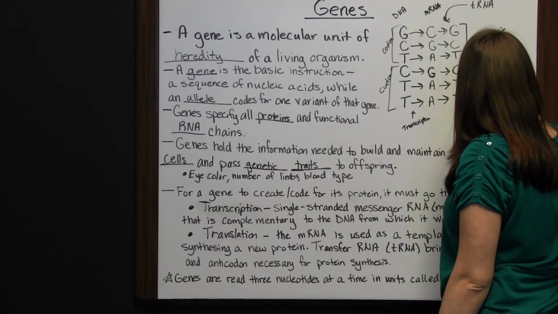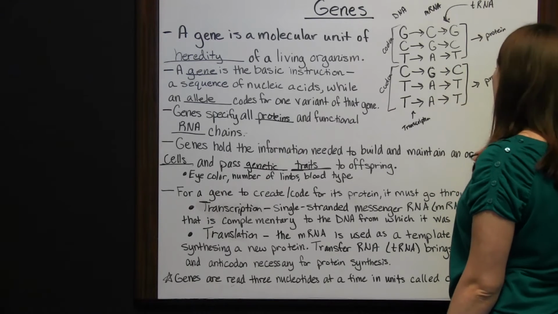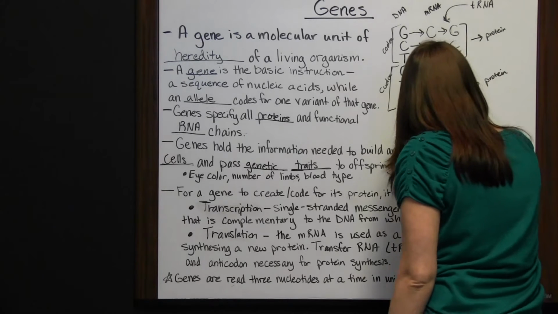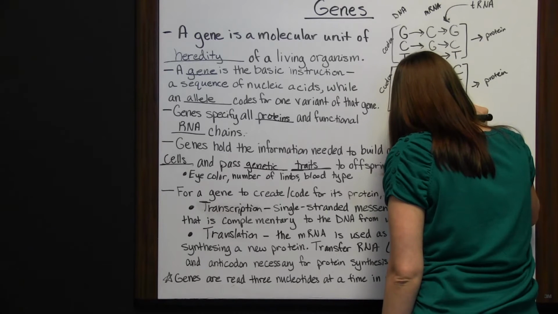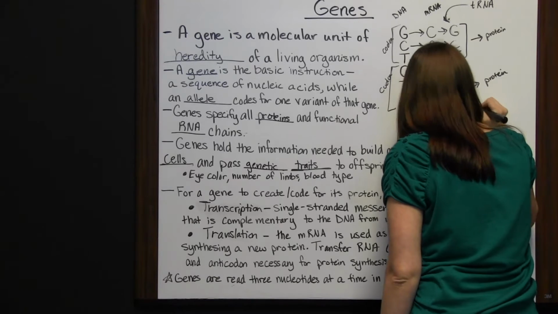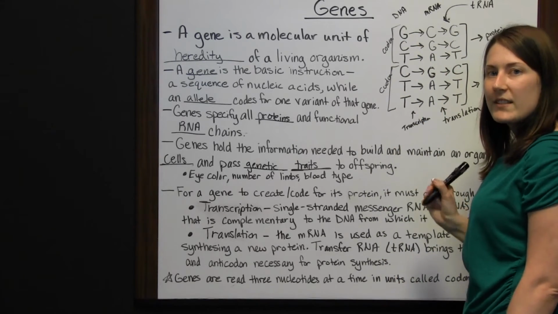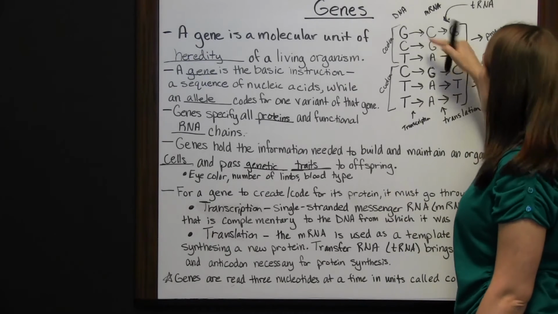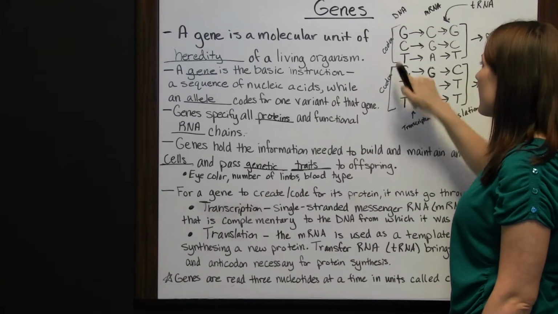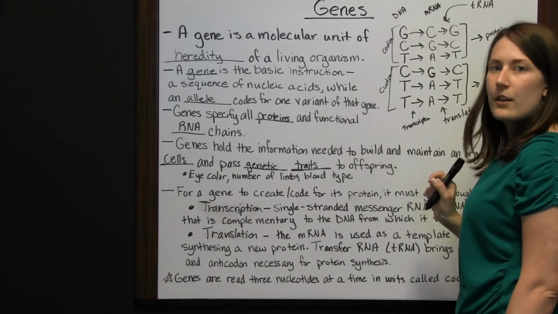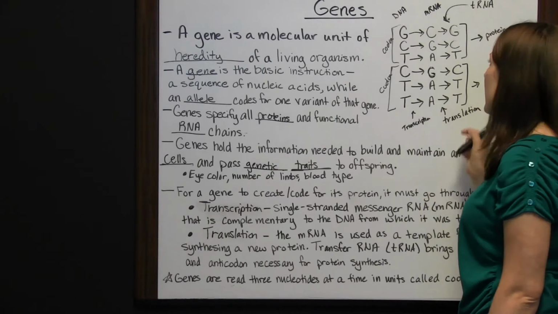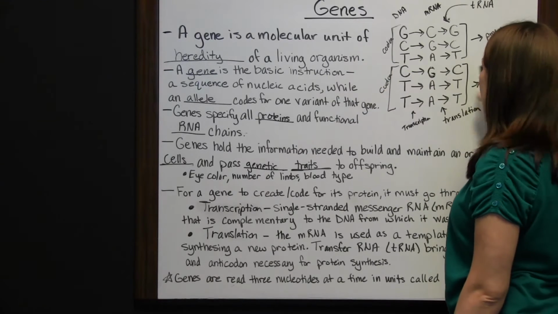And this is what happens in the cell. So this part would be your translation. So you've got strands of DNA. Part of the cell says, oh, I need a certain protein. Well, this codon codes for one of the proteins you need, and this codon codes for one of the other proteins you need. So the DNA is going to send it.